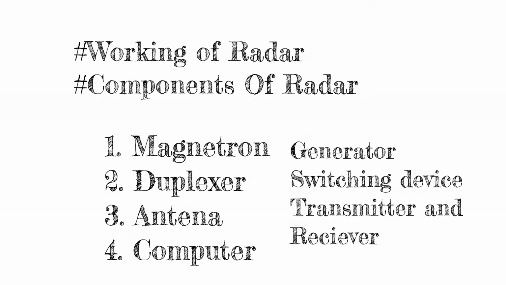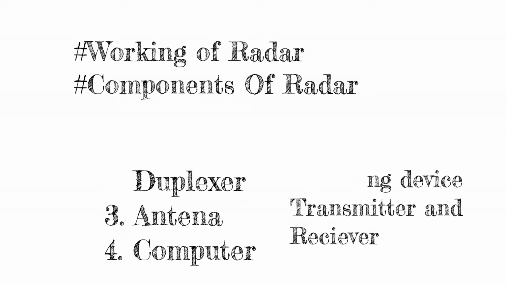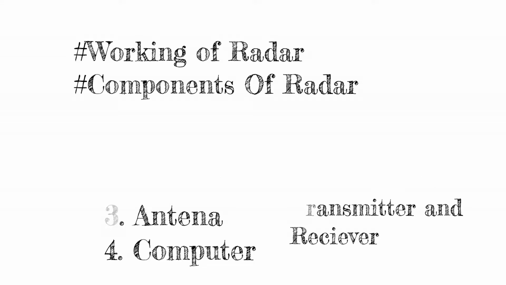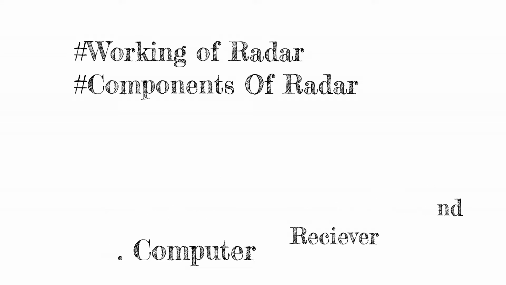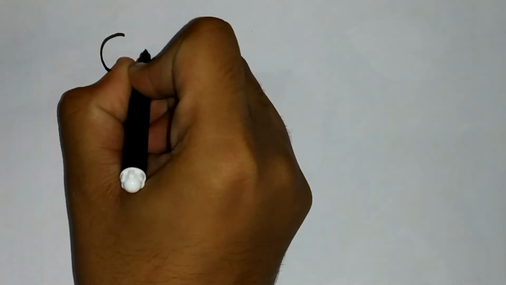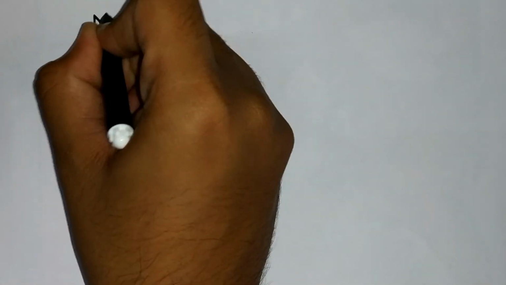Magnetron generates high frequency waves, which are nothing but electromagnetic waves. Second is the duplexer. The duplexer acts as a switching element. Third is the antenna. The antenna is used as a transmitter or receiver for the radar. Fourth is a computer or displaying element, which computes the data obtained from the radar and displays that data.